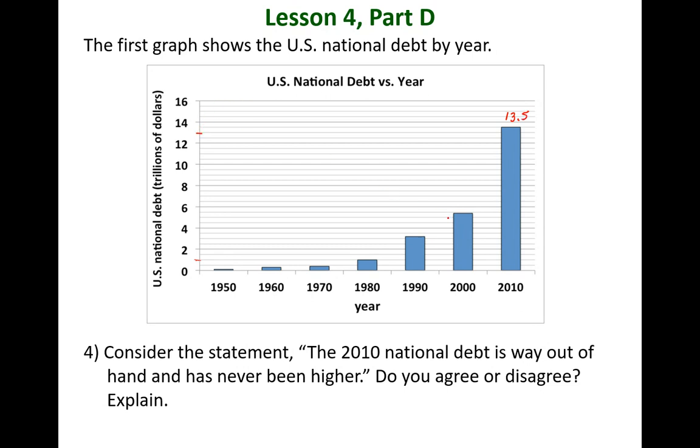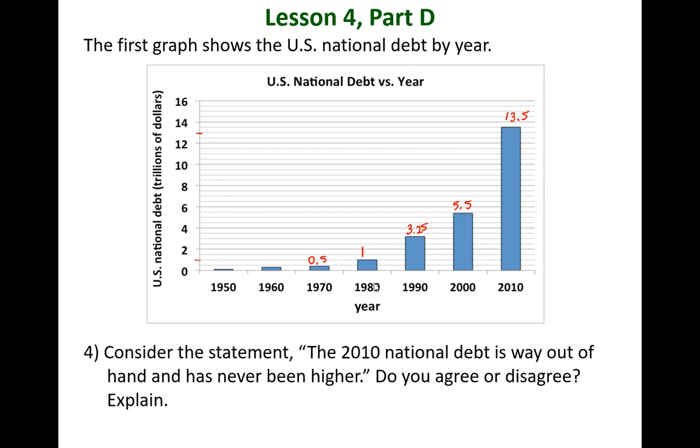There's 13.5. This is about 5.5. I'm just kind of rounding. This is a little bit over 3, about 3.25 probably. This is 1. This is about a half. And those others are even smaller.